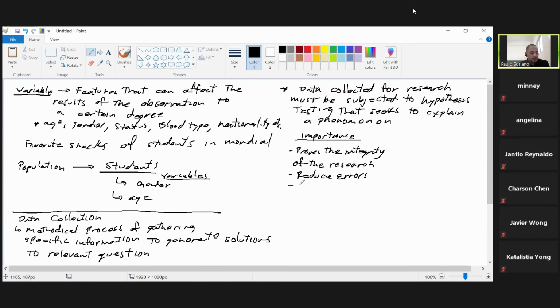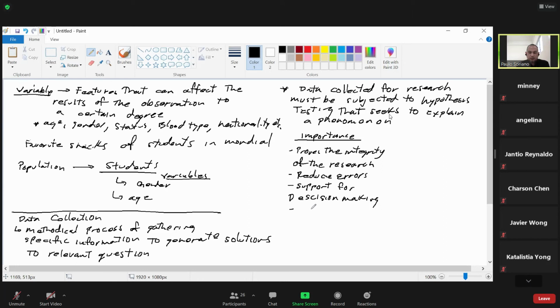Next, it supports decision making. Next, it will also save cost and time, since you are going to be reducing errors.